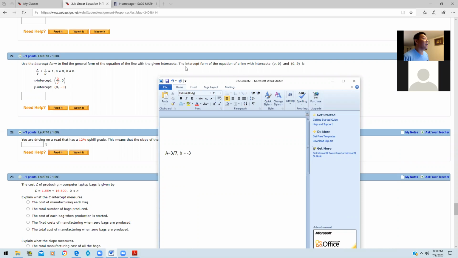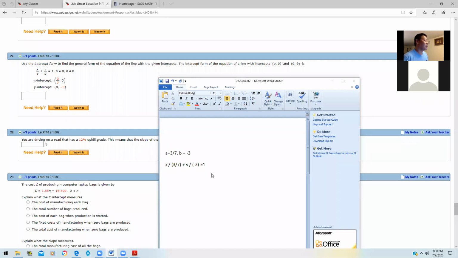So what I do here is just plug this into the formula given. Your x and y are still x and y. So in this case, you will get x over 3/7 plus y over b, which is -3, and this equals 1.